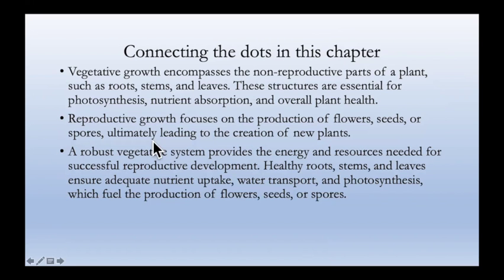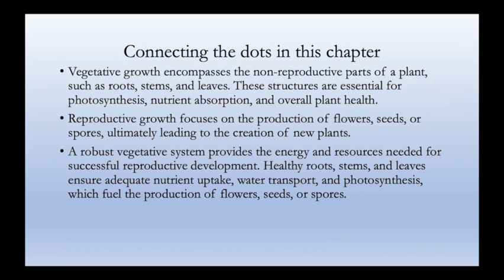So connecting the dots in this chapter, vegetative growth encompasses the non-reproductive parts of the plants: roots, stems, leaves, or flowers. And in this area is where photosynthesis takes place, nutrient absorption takes place, and overall health.